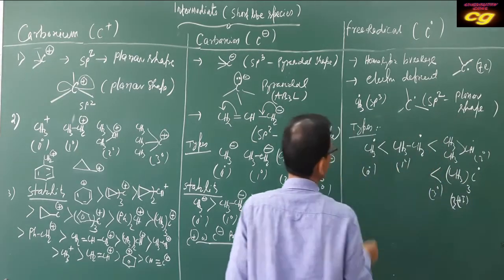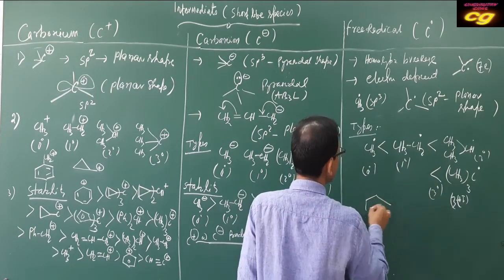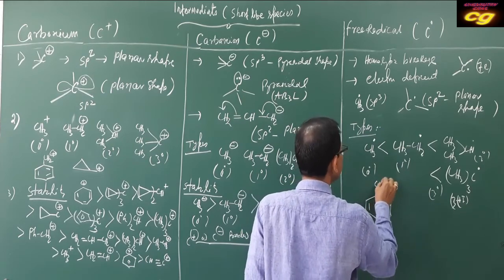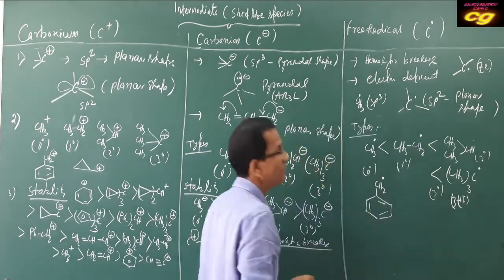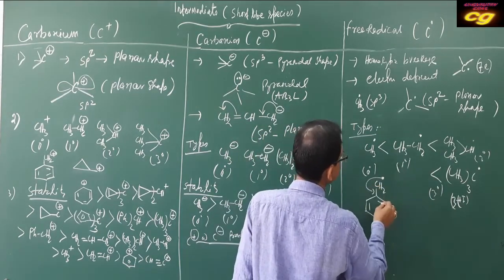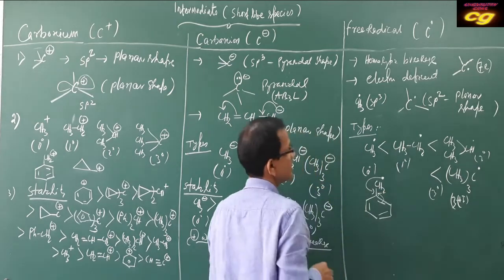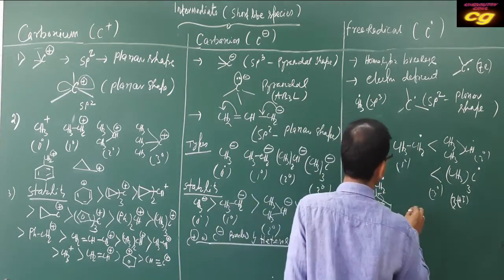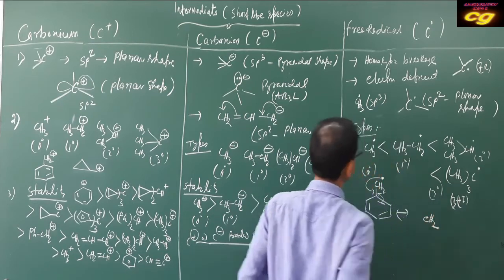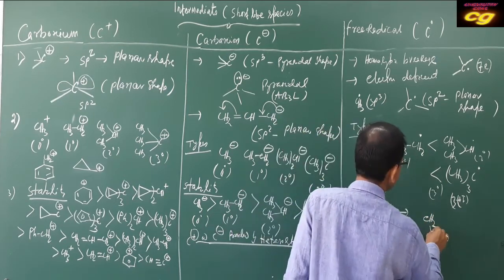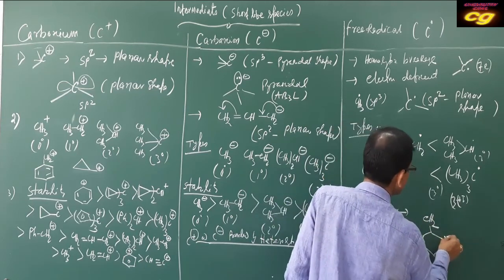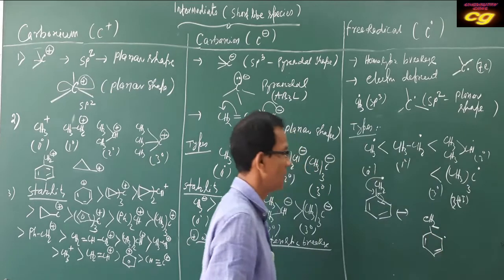Besides this, the benzyl free radical, like the benzyl carbocation, is also stabilized by resonance. You see, the structure will be CH2, then the dot, then like this.